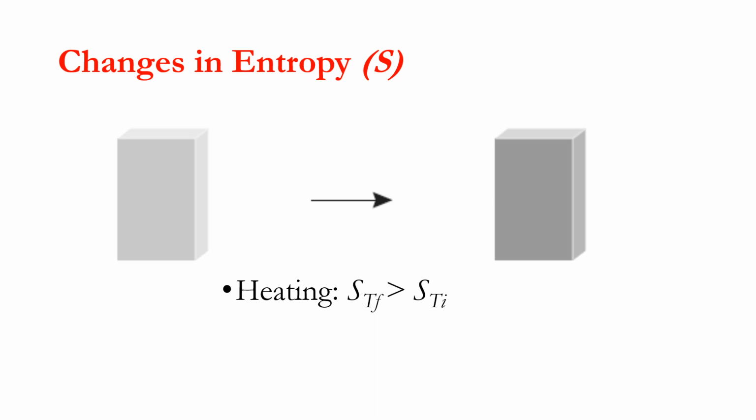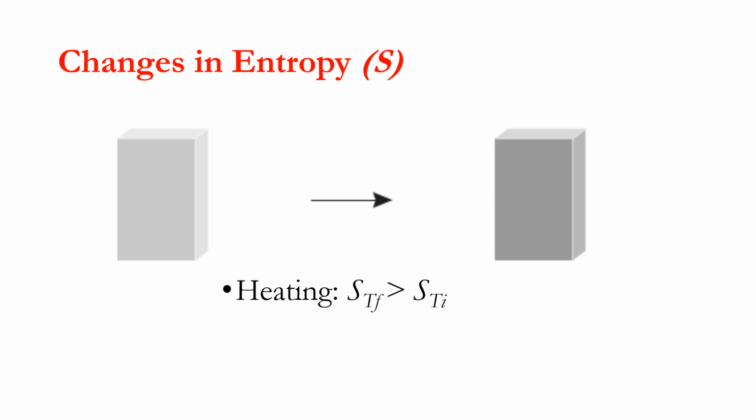So a greater number of microstates means greater possible ways to disperse the energy in the system. So an increase in energy is always resulting in an increase in disorder, hence an increase in the entropy of the system.